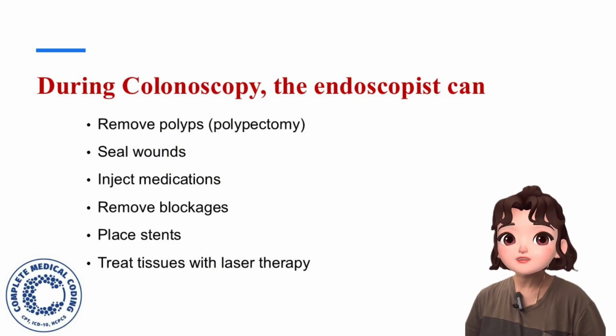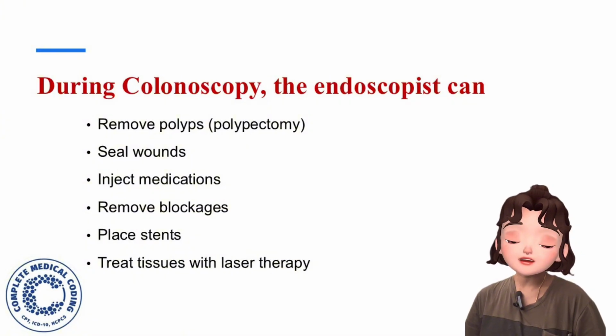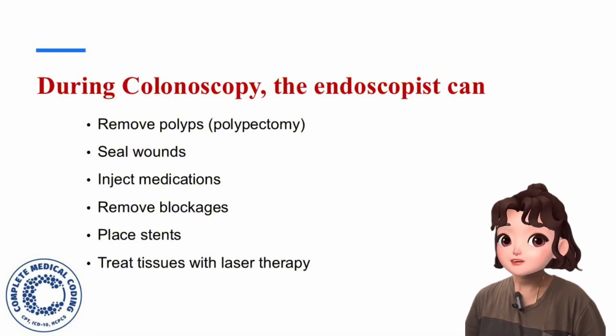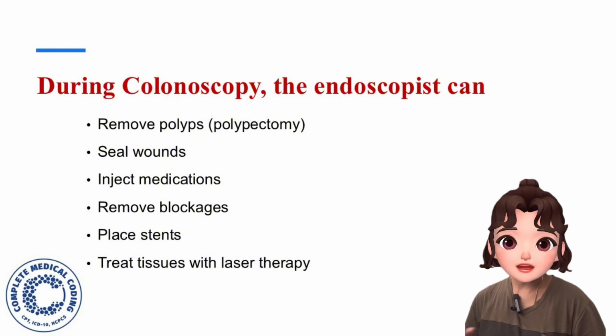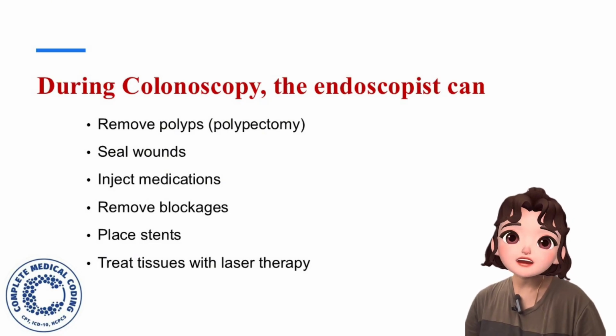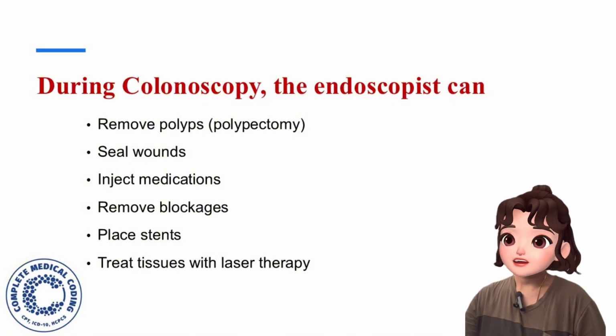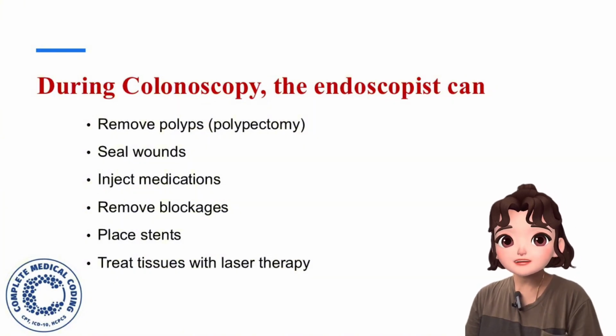If any polyps are found, they can remove them. Removal of polyps is known as polypectomy. They can also seal wounds, inject medications, remove blockages in the intestine, place stents, and treat tissues with laser therapy. So all these procedures can be carried out during a colonoscopy.